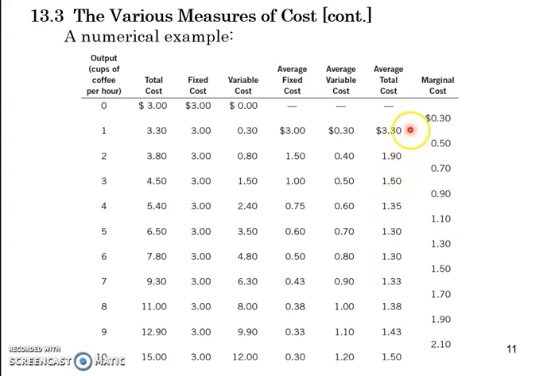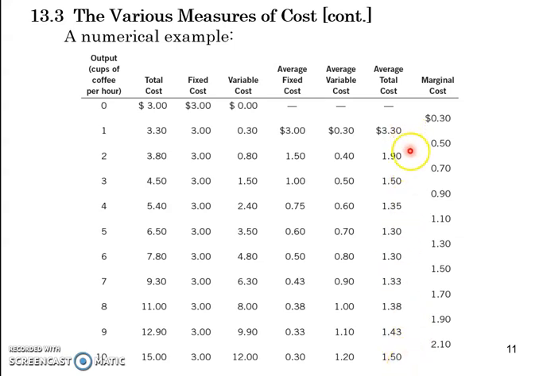Now the average total cost starts from $3.30 and decreases all the way to $1.30, and after that it starts rebounding and eventually goes to $1.50.